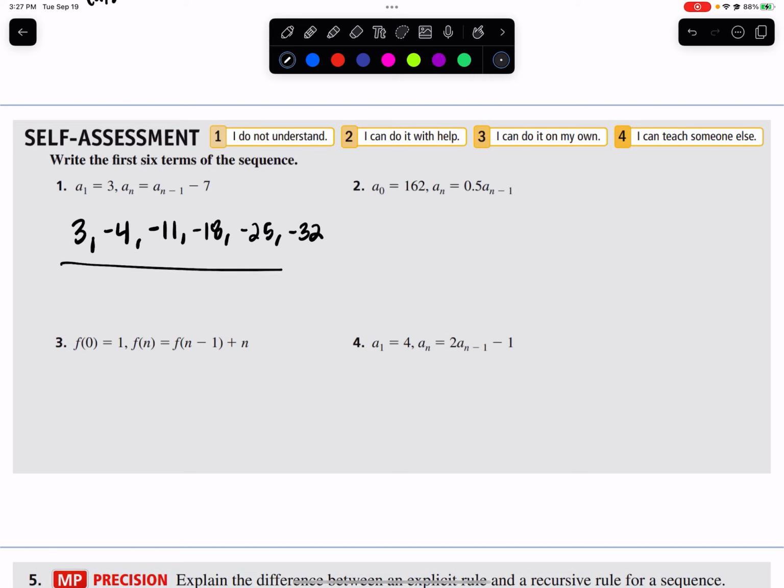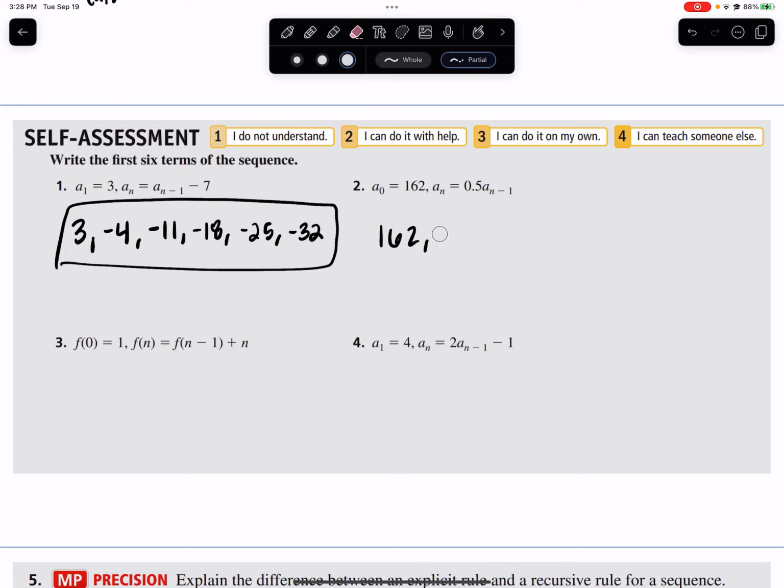All right, number 2. a sub 0 is 162, and each time we're multiplying by 0.5. So 162 times 0.5 is 81. And remember, if it says a sub 0, then the start of my sequence is right there at a sub 1. All right, 81 times 0.5 is 40.5. 40.5 times 0.5 is 20.25.